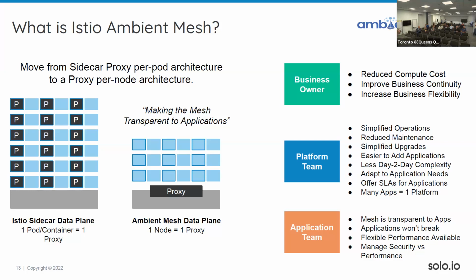So things like circuit breaking, or I guess the API gateway type concerns like rate limiting, anything like that, you can optionally deploy a waypoint proxy per namespace. So if you hear ambient mesh ever brought up, just think of it as an alternative deployment model for Istio.